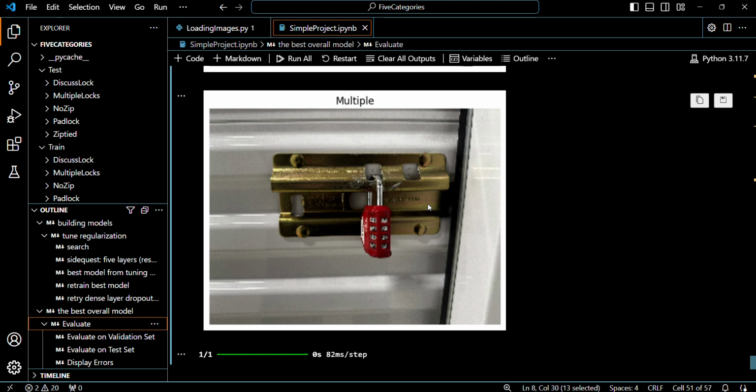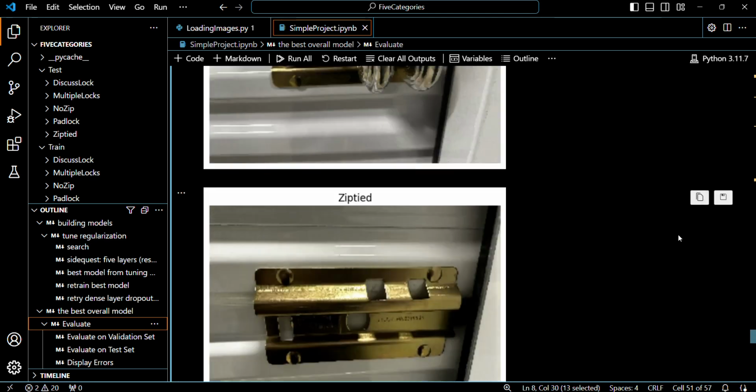So, the lesson that we learned just a moment ago from the unlocked zip-tied, not zip-tied, in that case, the model basically eliminated the label that was underrepresented.